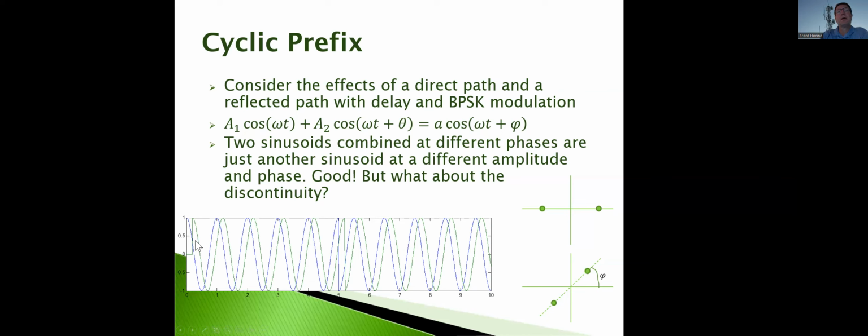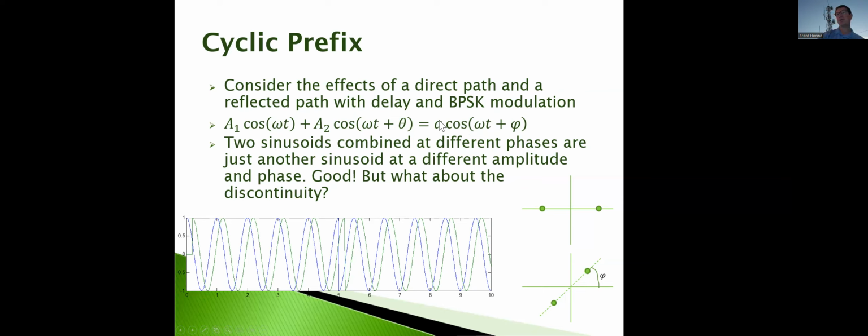right? These two signals in the receiver are going to combine via superposition, right? Assuming that things are fairly linear. And so if we call one A1 times cosine omega t, but the reflected one is A2 times cosine omega t plus theta, where that theta represents this little bit of delay in the transmission, then this is what the receiver sees: A times cosine omega t plus phi.